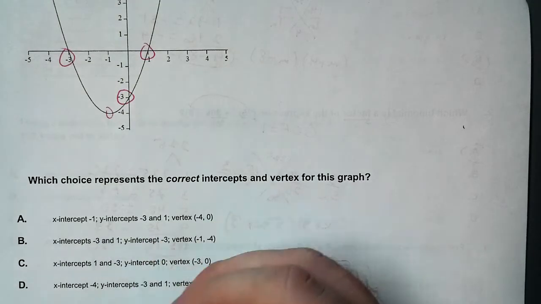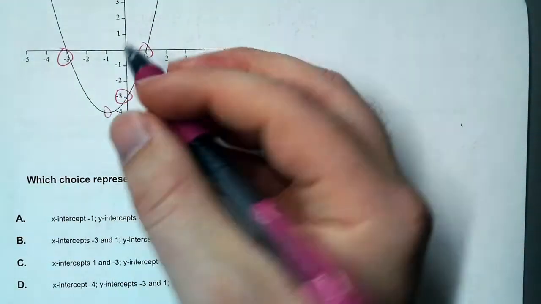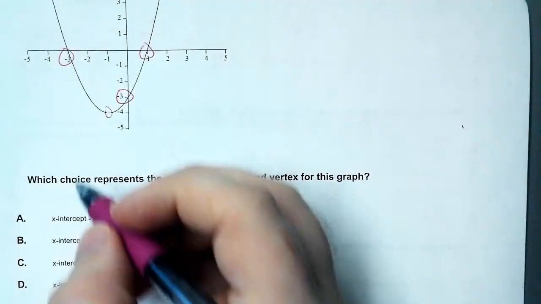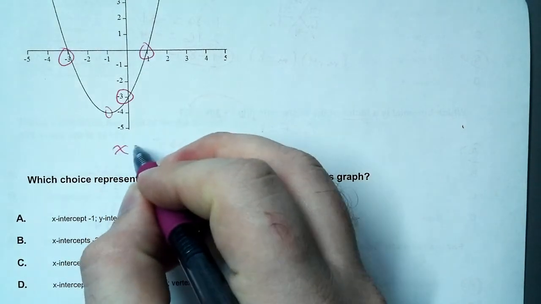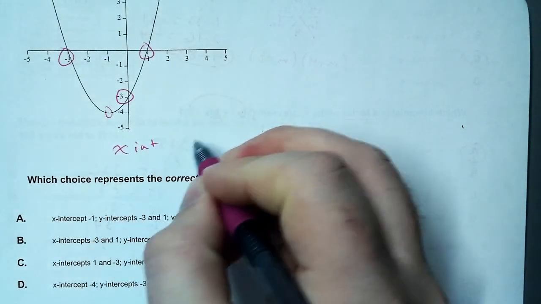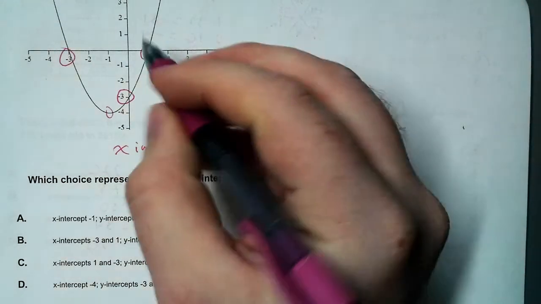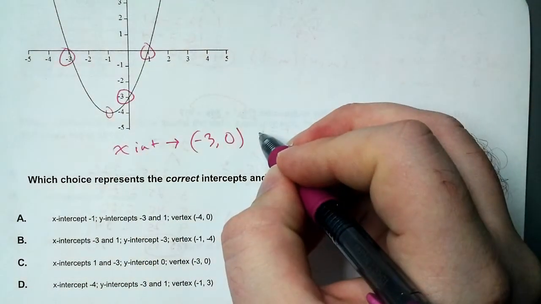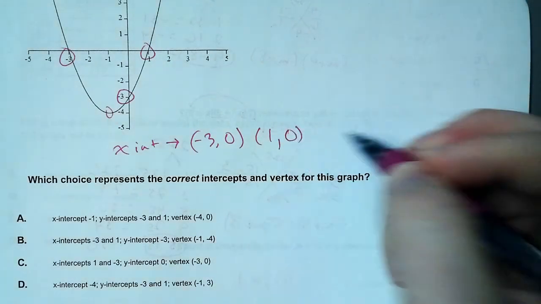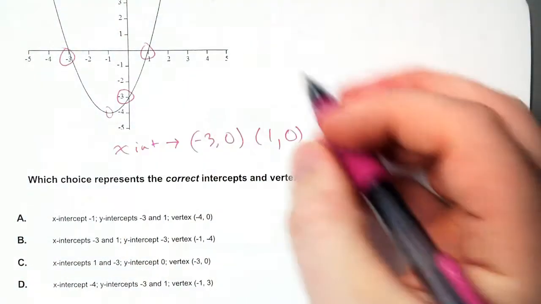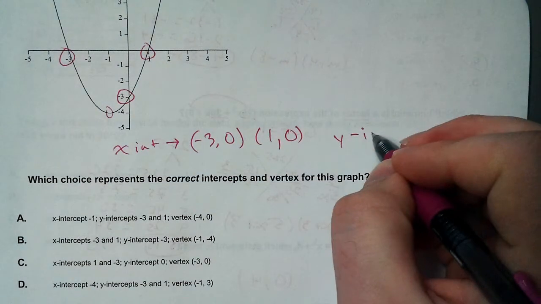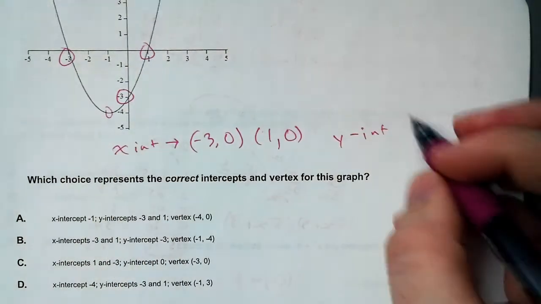It looks like all the answers start out with the x-intercept, so our first one is going to be at negative 3, 0. That's the first one. Our second x-intercept is over here at 1, 0. Now, for our y-intercept, where it's the y-axis, is right there at 0, negative 3.